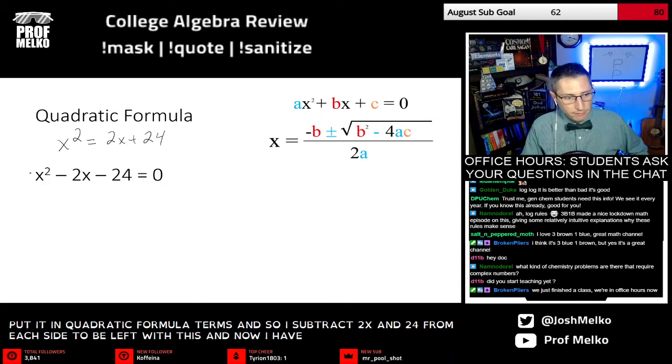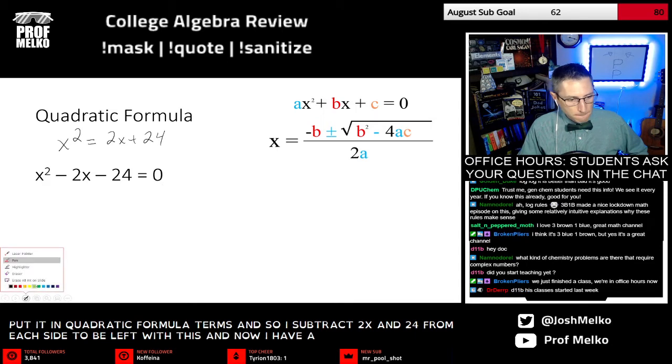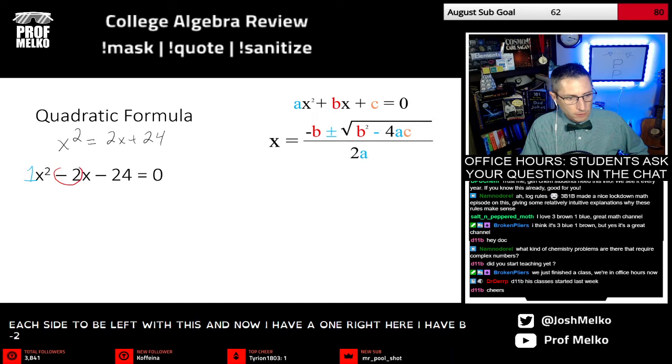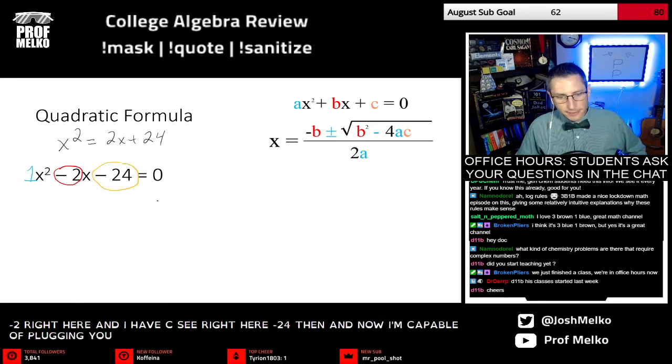And now I have a 1 right here. Okay, I have b, negative 2, right here, and I have c right here, negative 24. Okay, and now I'm capable of plugging each of these in, right?